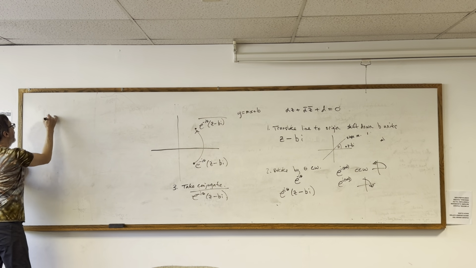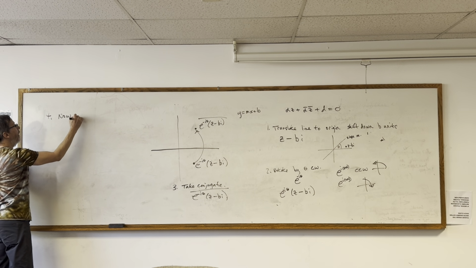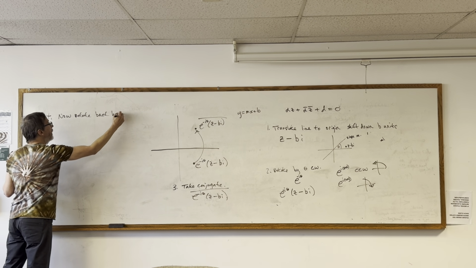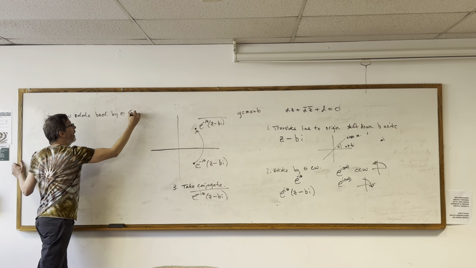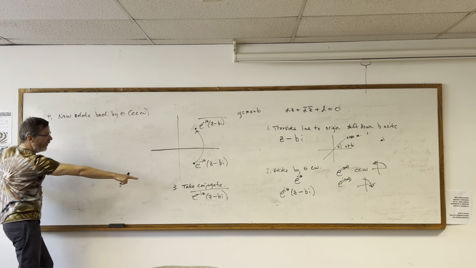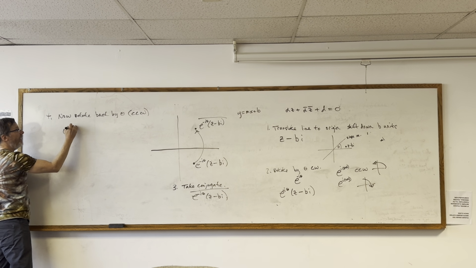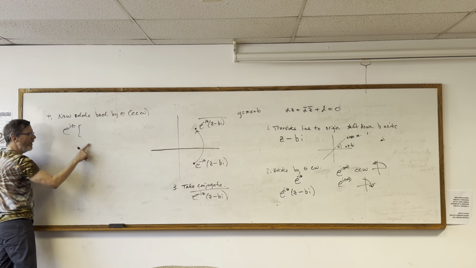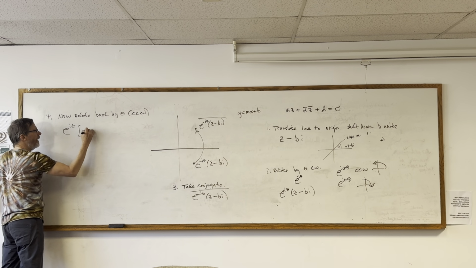So step 4 is now rotate back by theta. This time it's going to be counterclockwise. So what I do here is I've got e to the i theta times, be really careful with what is what and what's being conjugated.